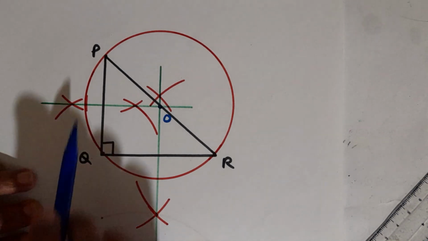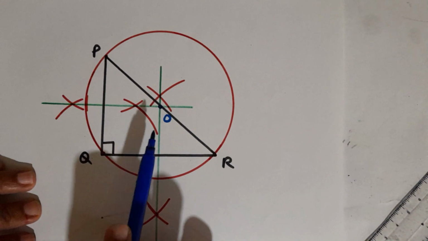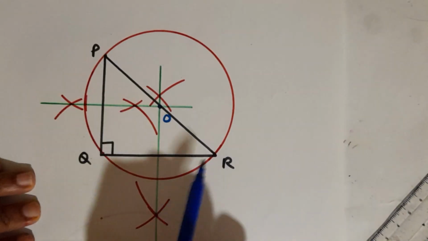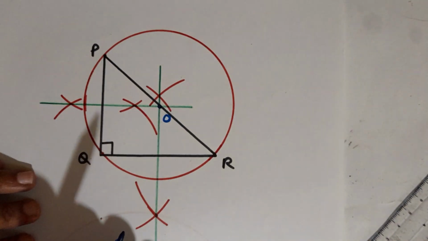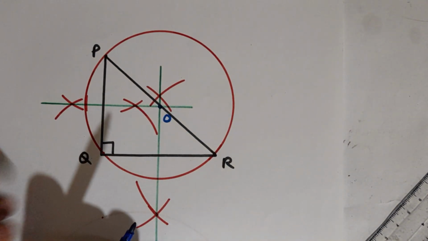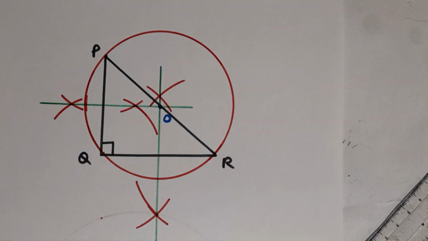As this is a right angle triangle, the center of the circumcircle is located on the hypotenuse of the right angle triangle. You can perform the same process for an obtuse angle triangle. It may be different from these two.